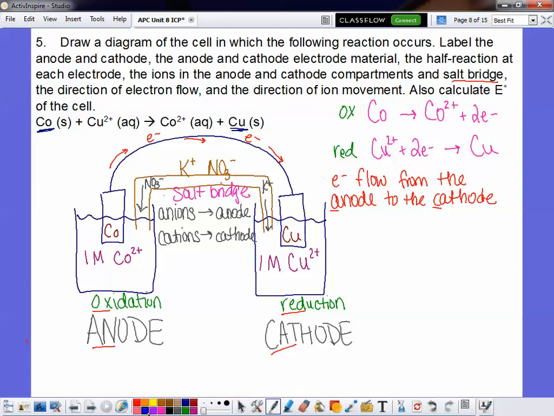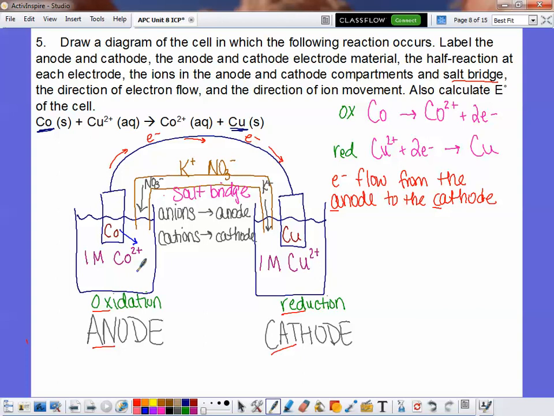I'll do lighter blue. So let's talk a little bit more about what's happening at each of these electrodes. At the anode, we have oxidation occurring. We have this half reaction occurring. That means that the cobalt electrode, that actual metal piece, those atoms are being converted into cobalt 2 plus ions.